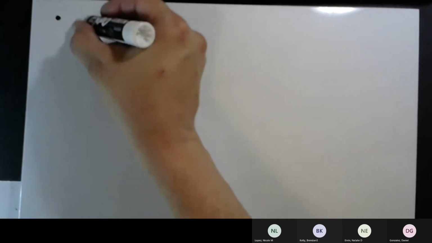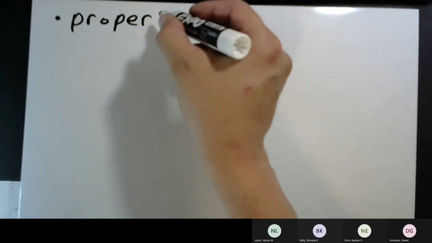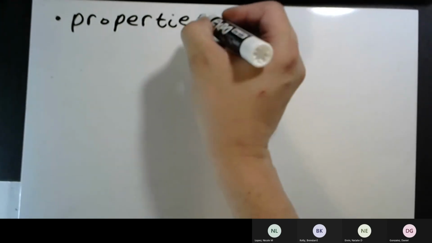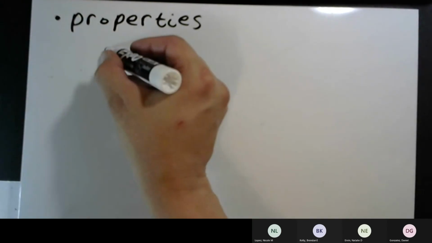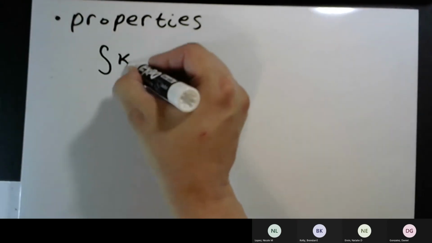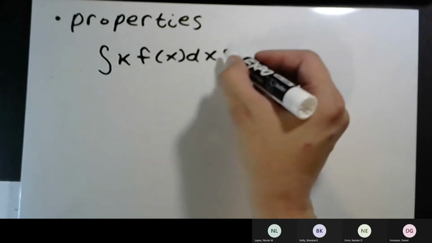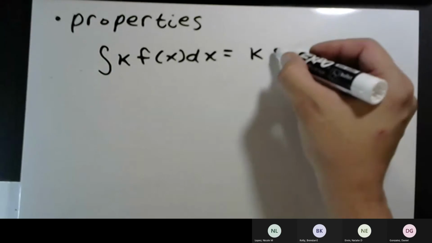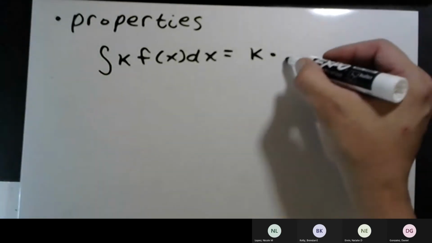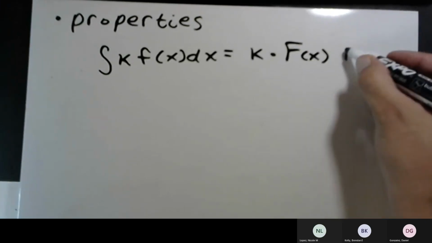So looking at properties, the antiderivative of a constant k times f of x is equal to k times the antiderivative plus c.